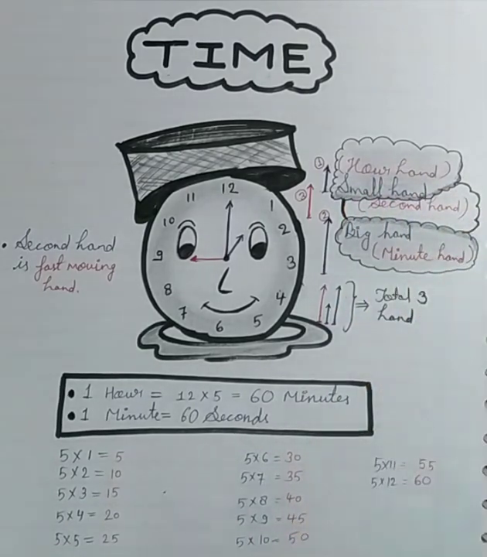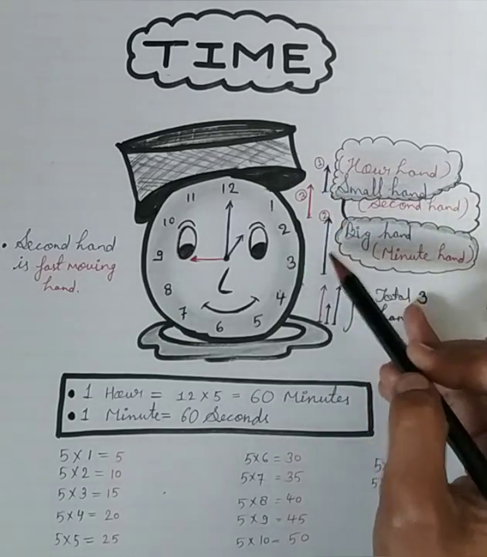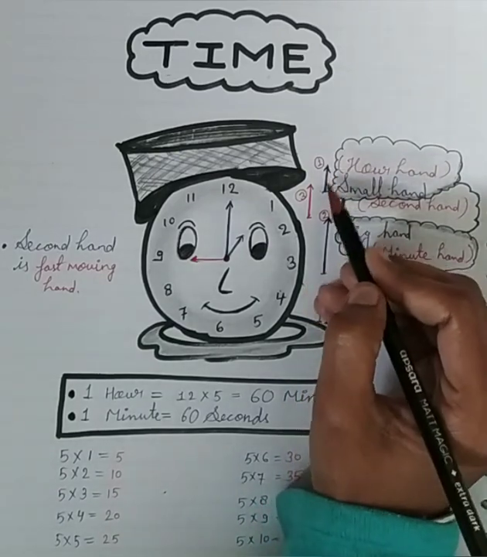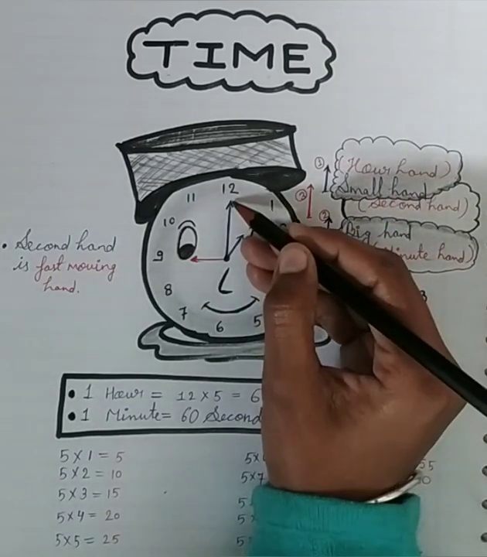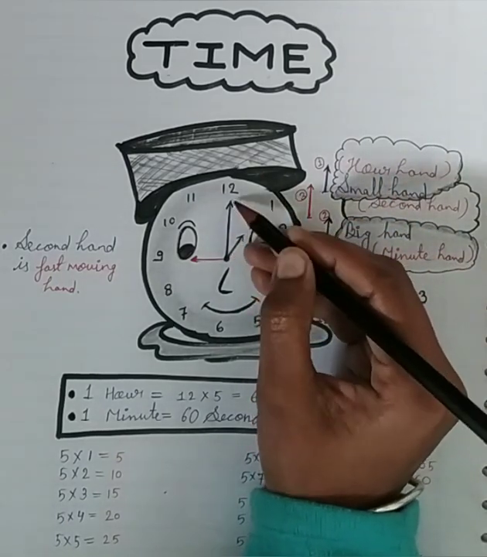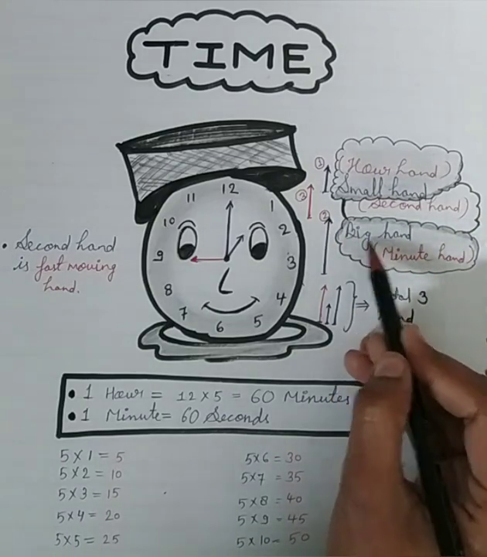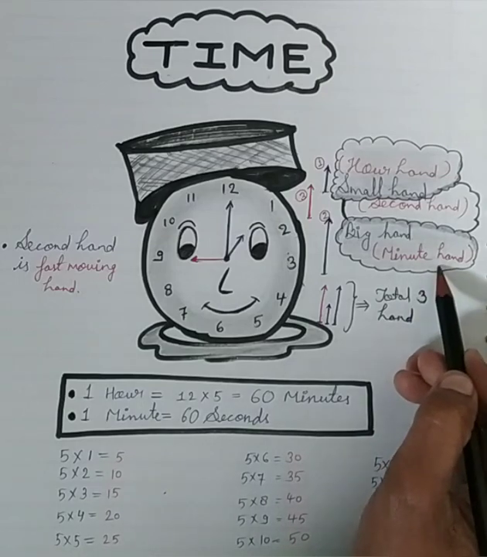First you have to know about these 3 types of hands. So this is a small hand, known as the hour hand. Now if we talk about the big hand, this is known as the big hand or minute hand.